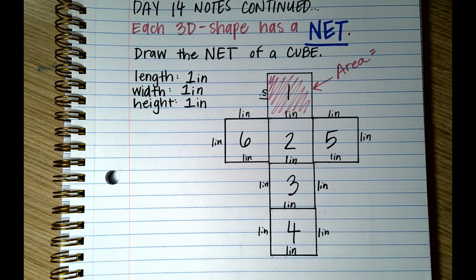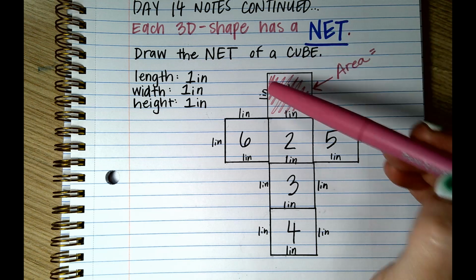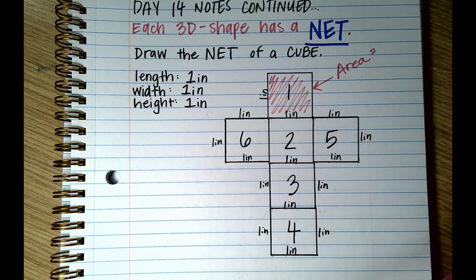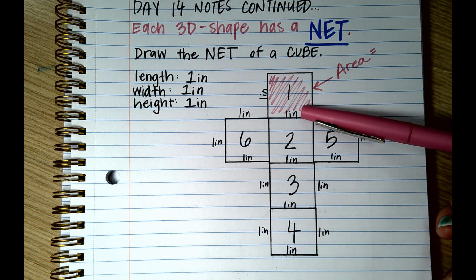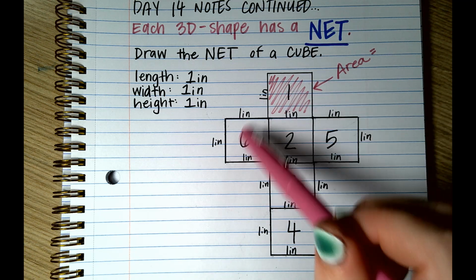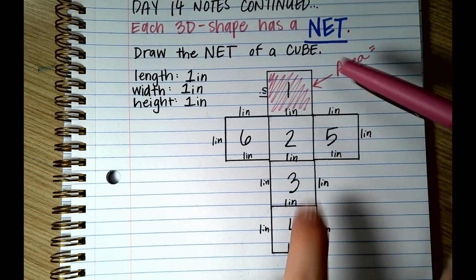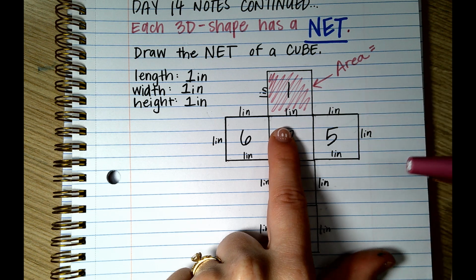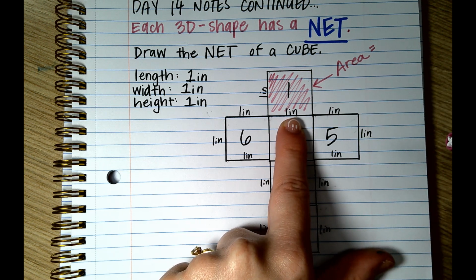You take 1 times 5, right? 1 times... No. 4. We'll count all 4 sides. You're very close. I think you might be thinking of the area of the whole thing. I'm thinking of just the area of this one little box. 1 times 1?